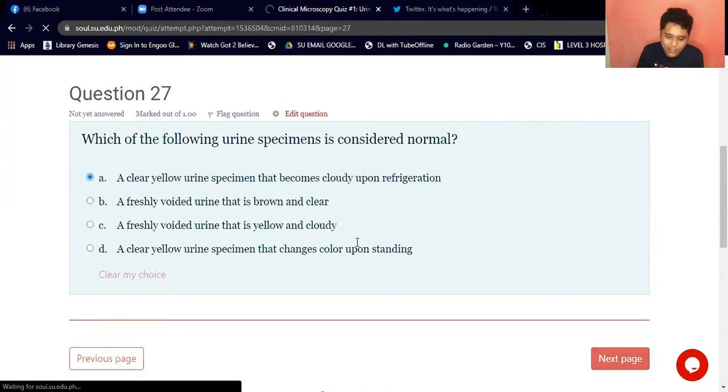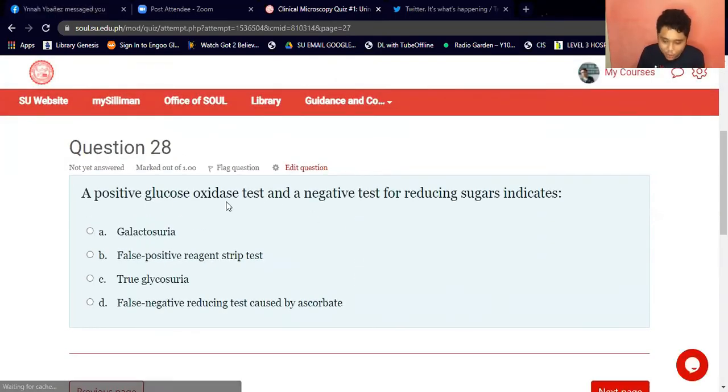Next, 28. A positive glucose oxidase test but negative for reducing sugar, it indicates that... I think this is a false positive.